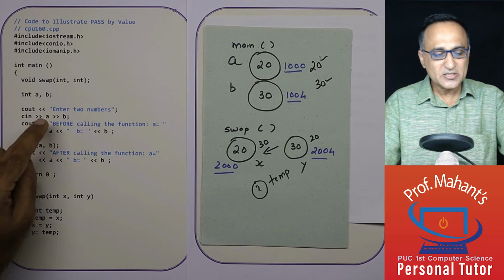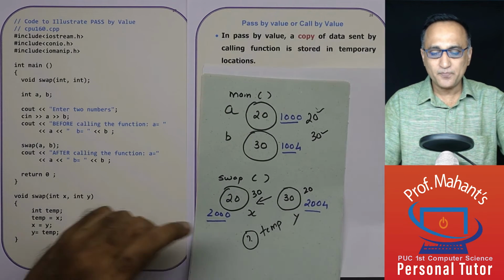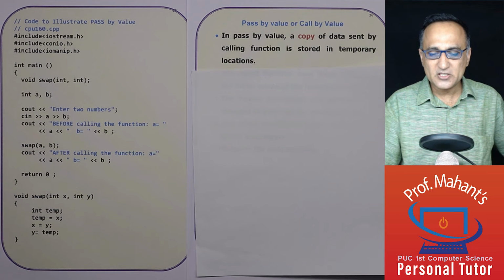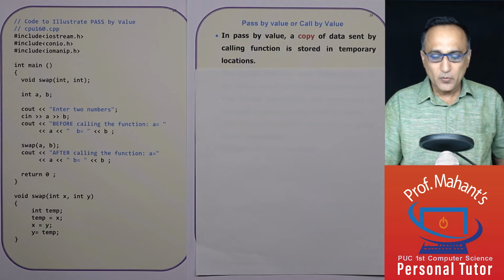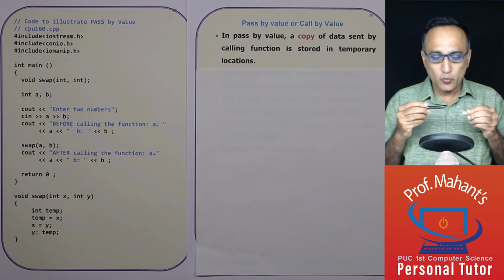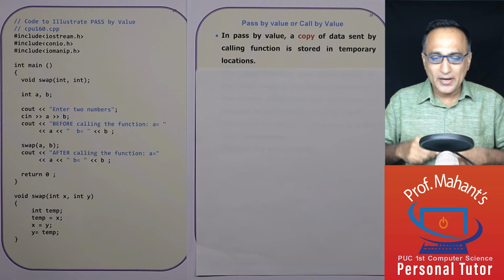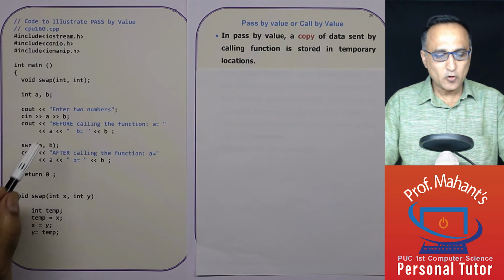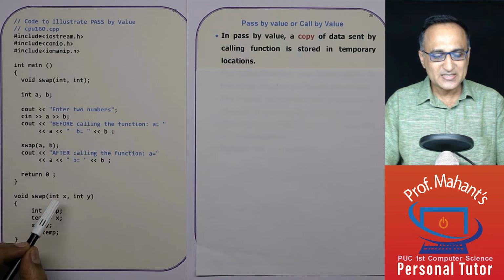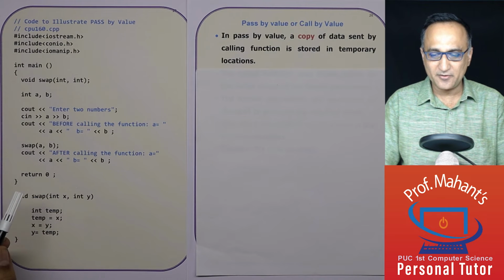So this is known as passing parameters by value. Let's try to understand what passing parameters by value really implies. When you pass by value, or call by value, a copy of the data, a copy of A and a copy of B, is sent into X and Y respectively.